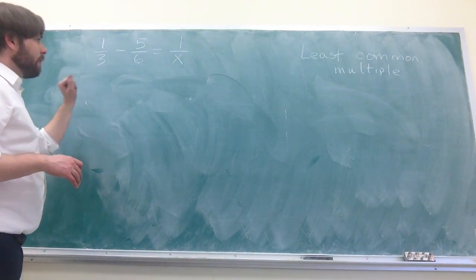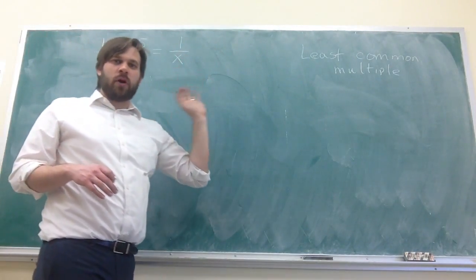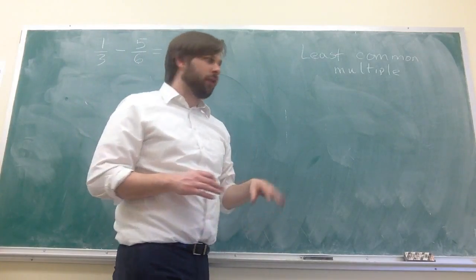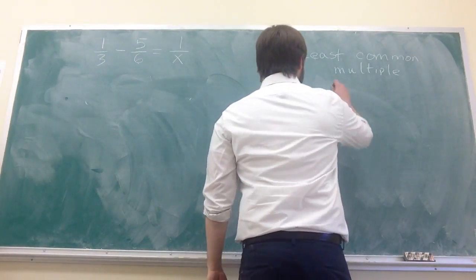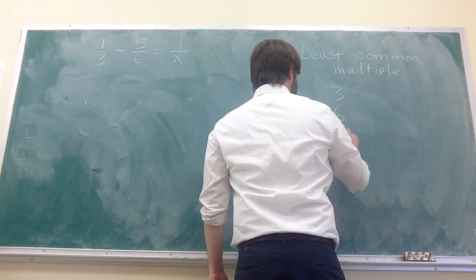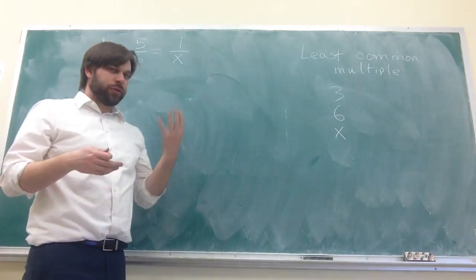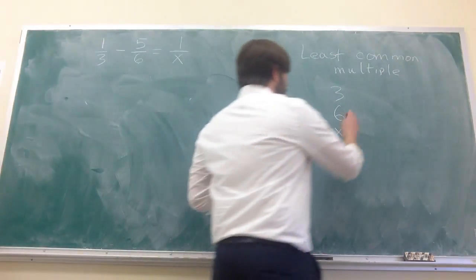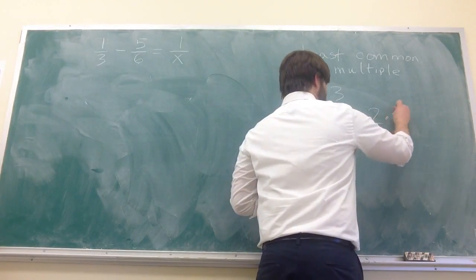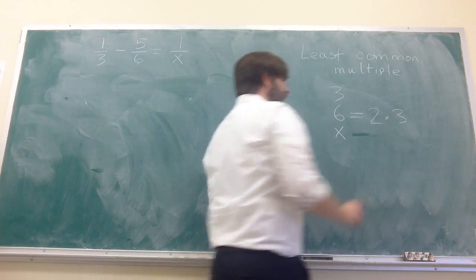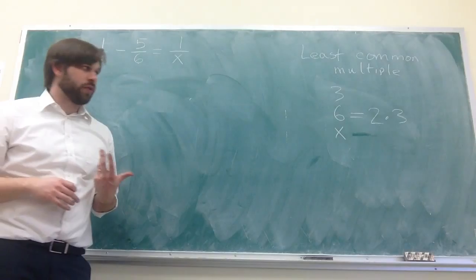So what we want to look at is a common multiple, the least common denominator among all of our denominators here. So our three denominators are 3, 6, and x. Now 3 doesn't break down anymore, but 6 factors nicely as 2 times 3, and x doesn't break down any more than that.